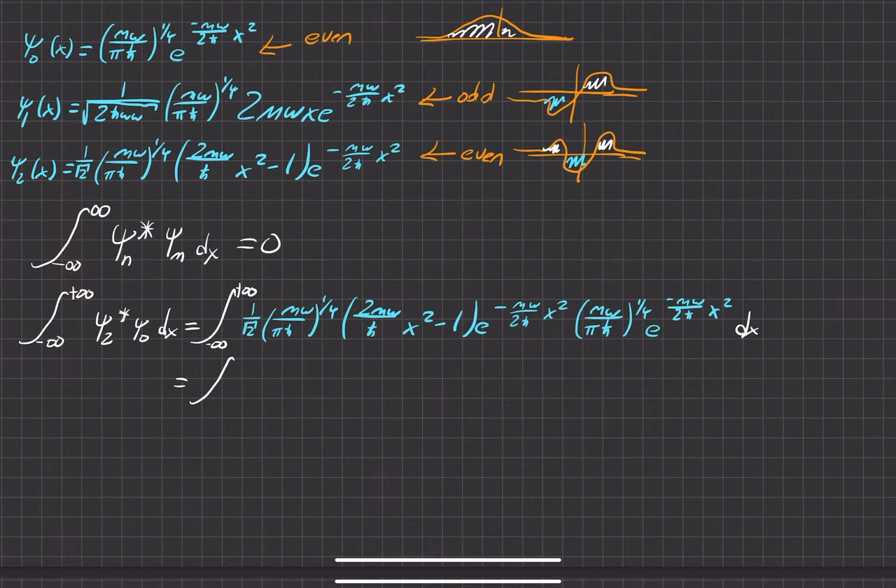Now that we go ahead and crank this integral out, let's pull the constants out. I'll identify the constants. This is a constant, and here's another constant here, so that'll just end up turning into a square root. So we'll have 1 over the square root of 2 times that glob of constants here. Now let's distribute that integral.